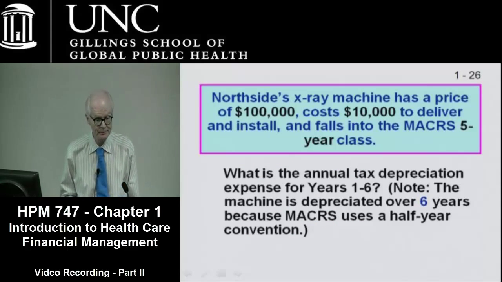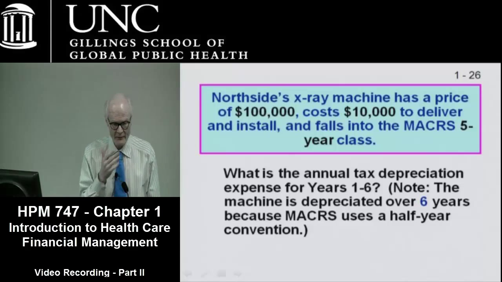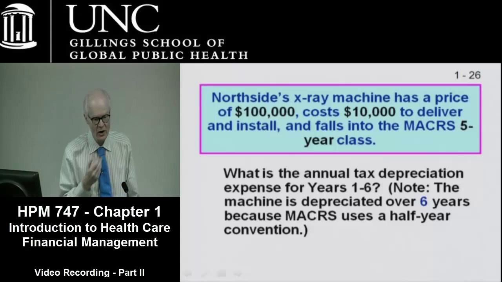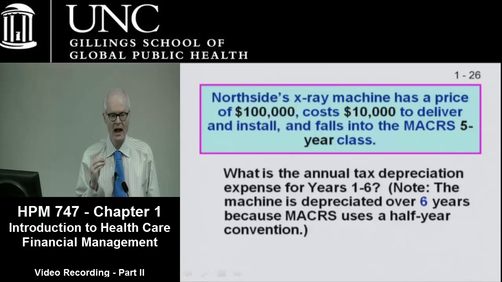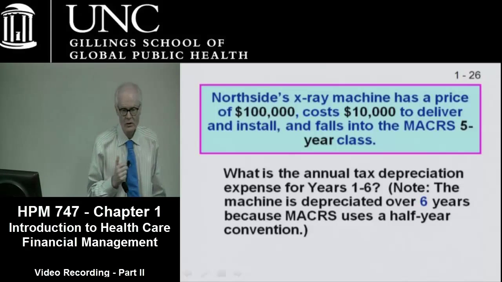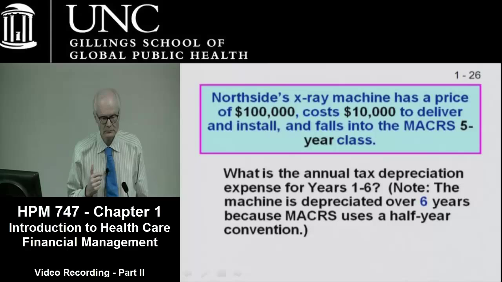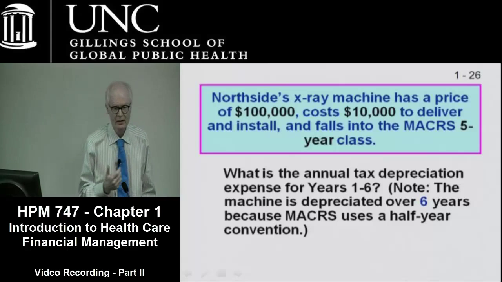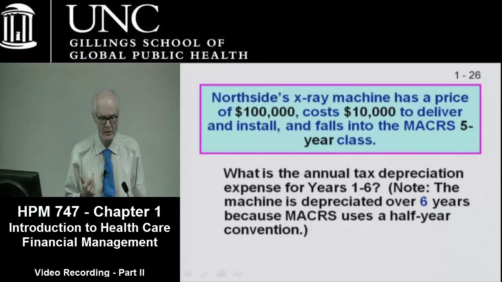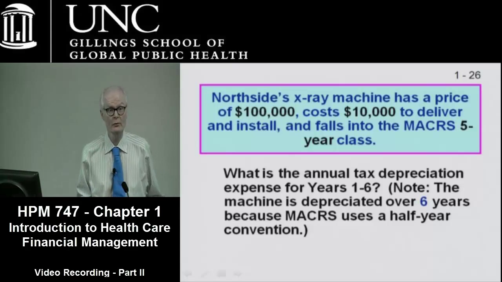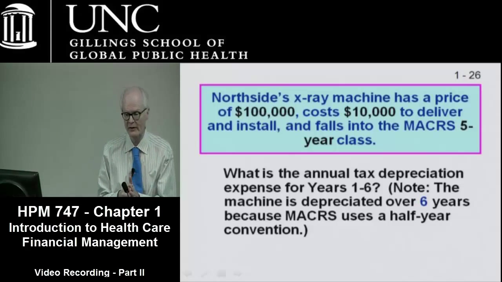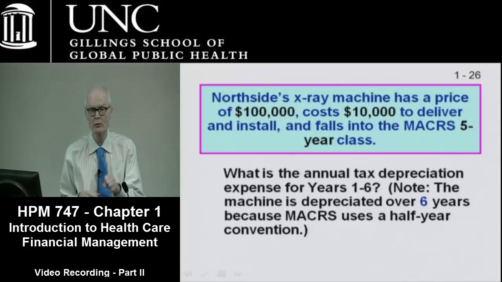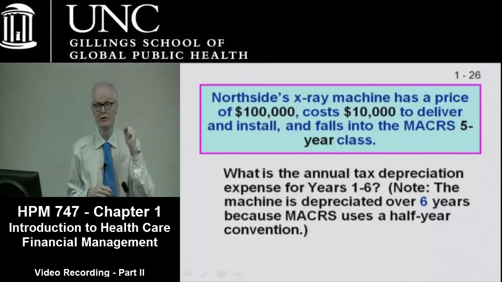The same example. We have an X-ray machine, $100,000, $10,000 to deliver and install, falls in the MACRS 5-year class. Now this asset uses a 5-year class, even though it may only last 4 years. So what the half-year convention means is that when you buy an asset, typically you will not buy it on January the 1st of the year.